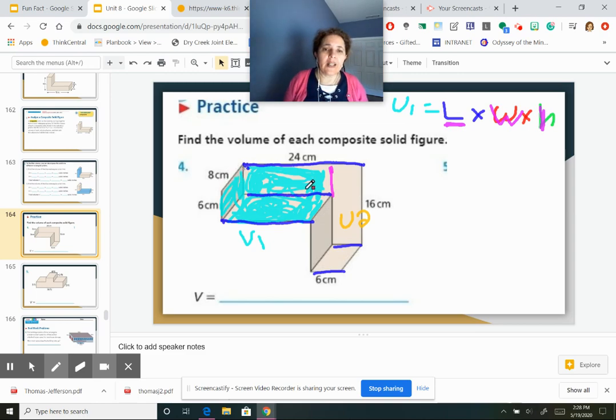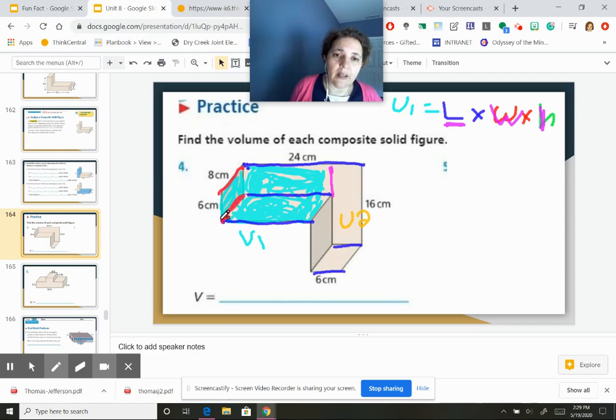So that's my width. And this line is opposite of that line, so this is also a width, because this line here is opposite of that line. See how they're opposite from one another? So that's a width.